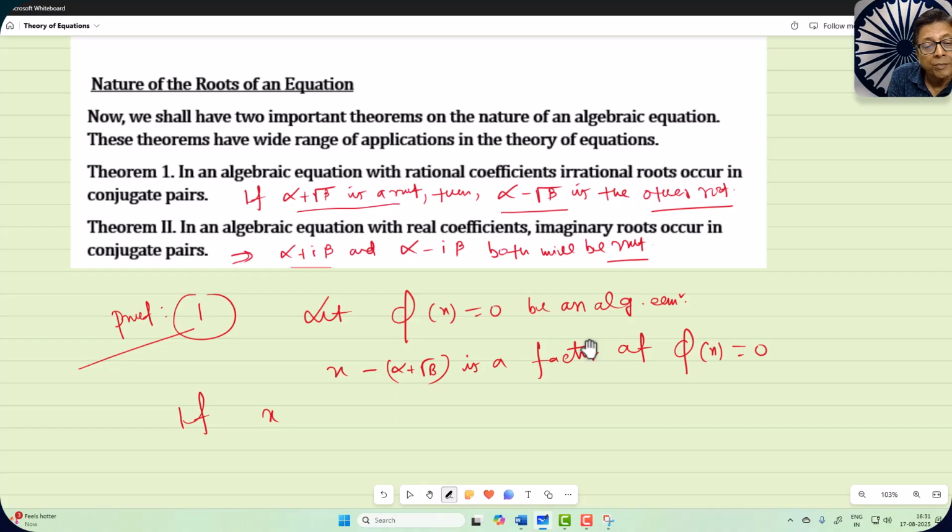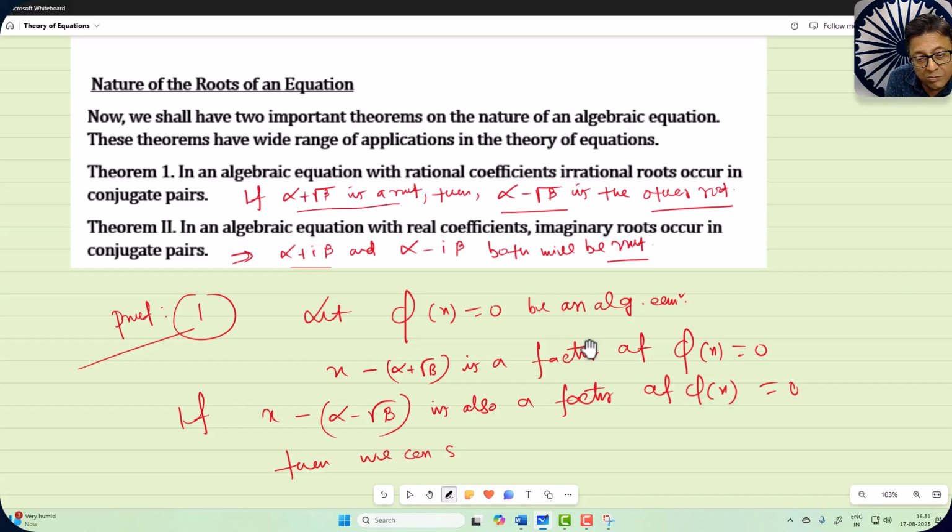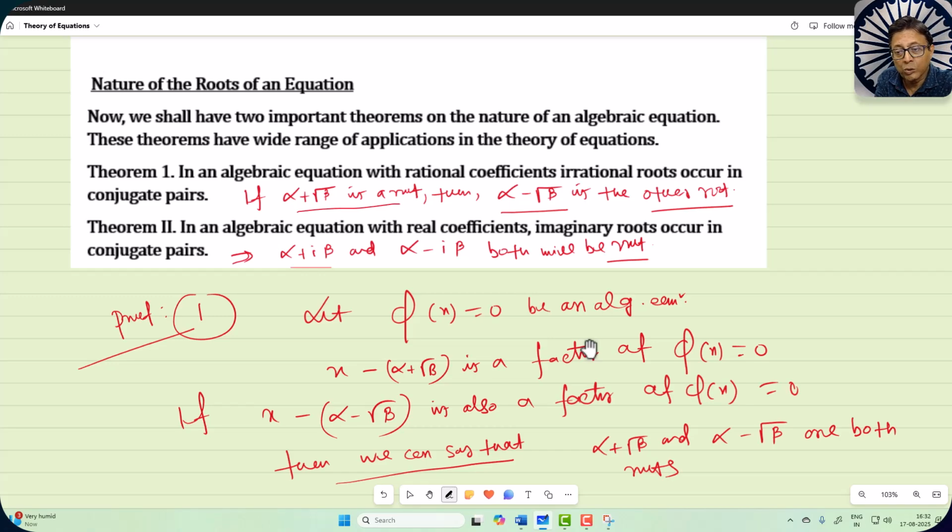Now, if x minus alpha minus root beta is also a factor of phi x equal to 0, then we can say that alpha plus root beta and alpha minus root beta are both roots of phi x equal to 0.